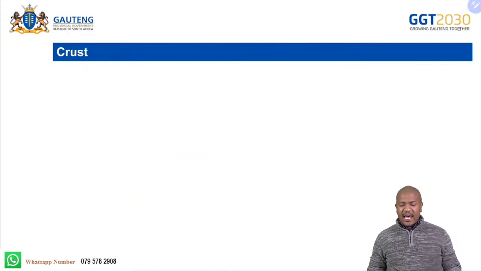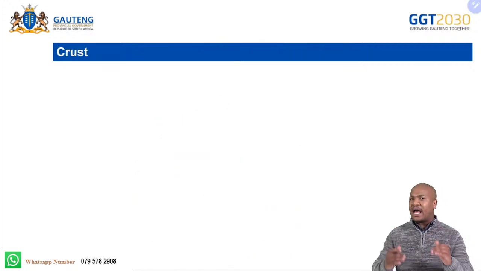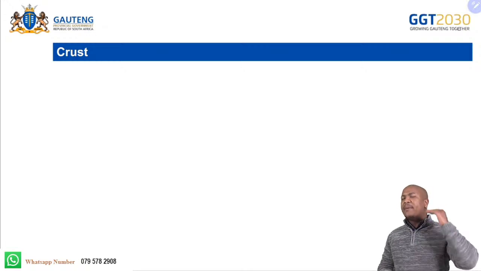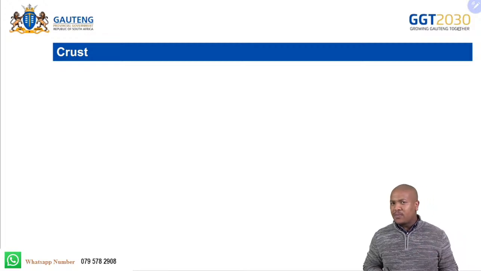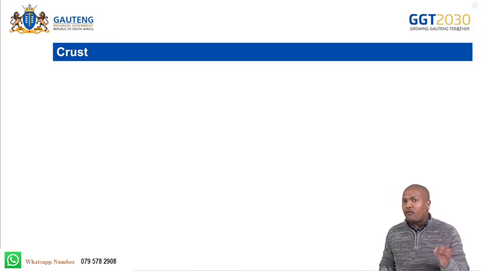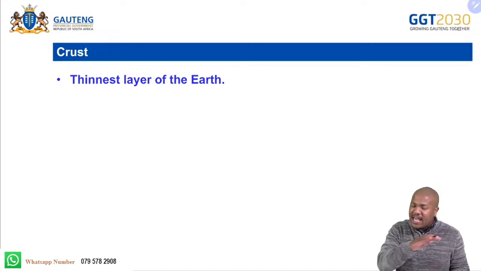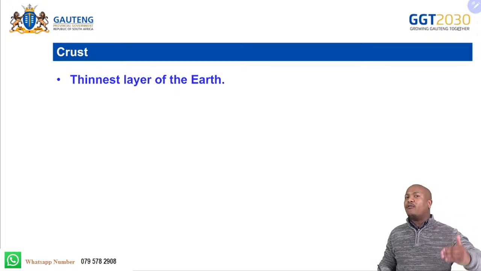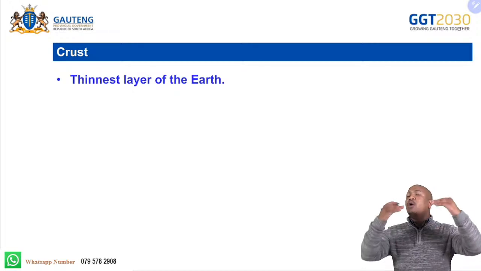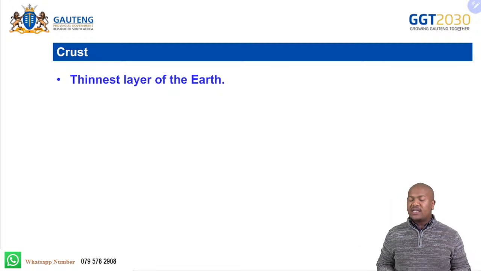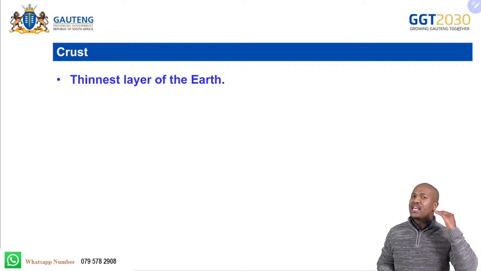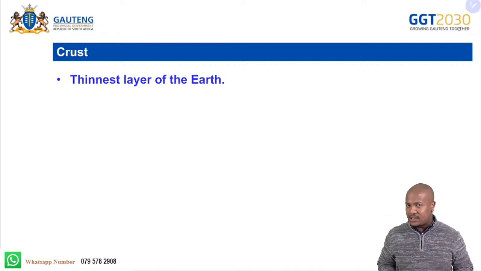So we said that the Earth is made up of three main layers, namely the crust, the mantle, and the core. So I want us to talk about the crust now. What is the crust composed of? Yes, it is the top layer and the thinnest layer of the Earth. It is the outermost layer that you and I are standing on now. And it is the thinnest layer of Earth amongst all the other layers.